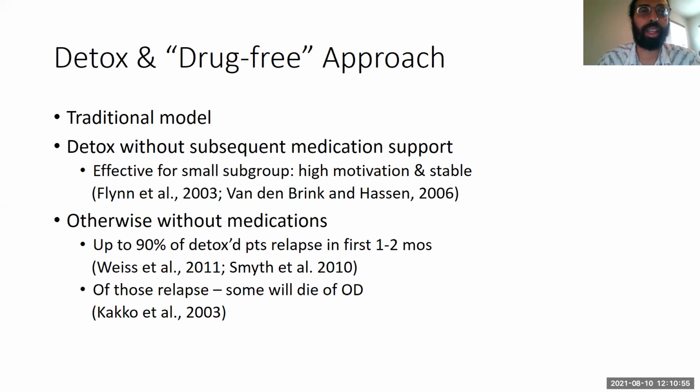That's in many ways the traditional model that we've seen in the United States over the years. And it may actually be effective. Does it not work for anyone? Probably not. It probably is effective for a small subgroup.